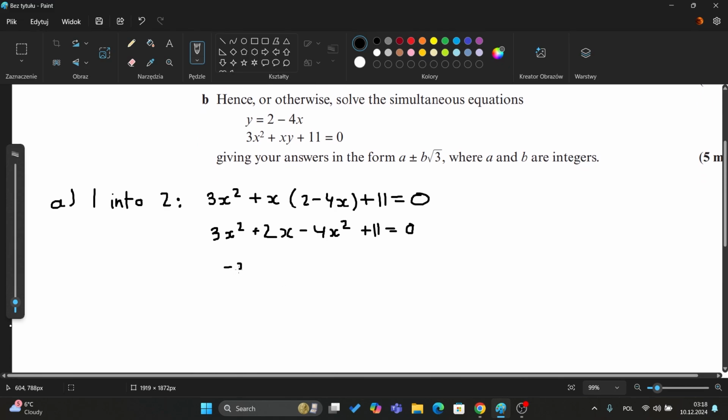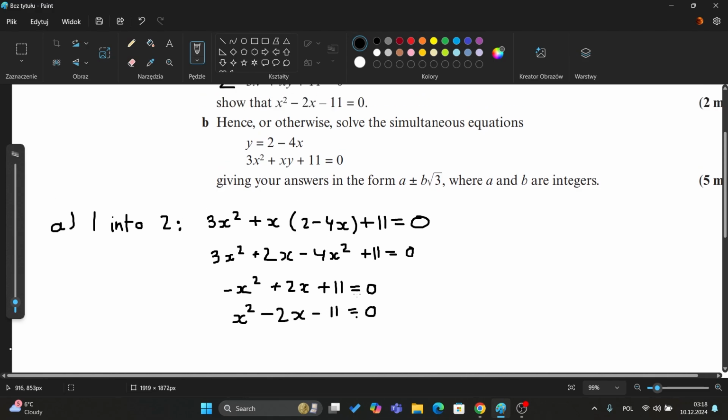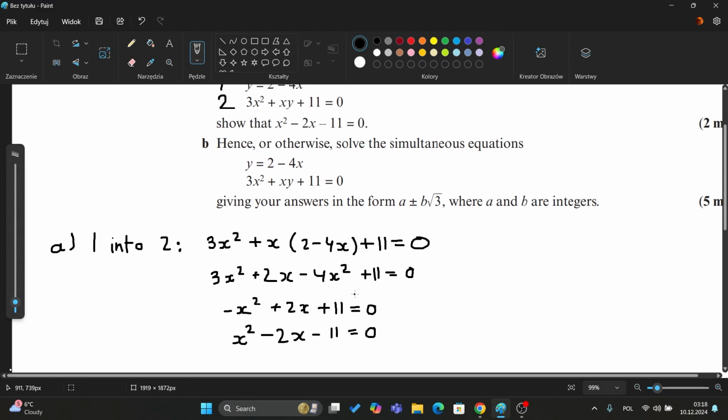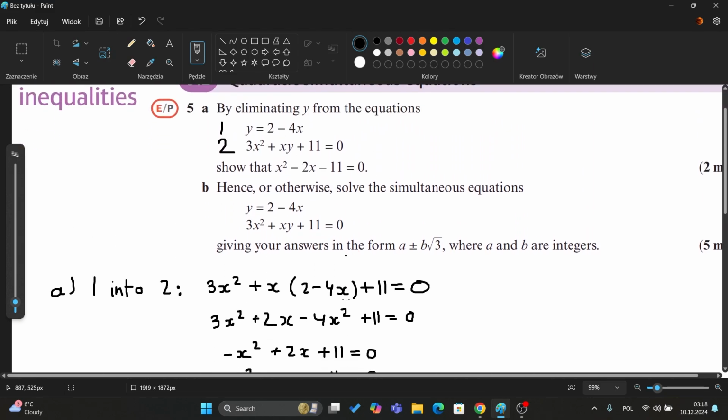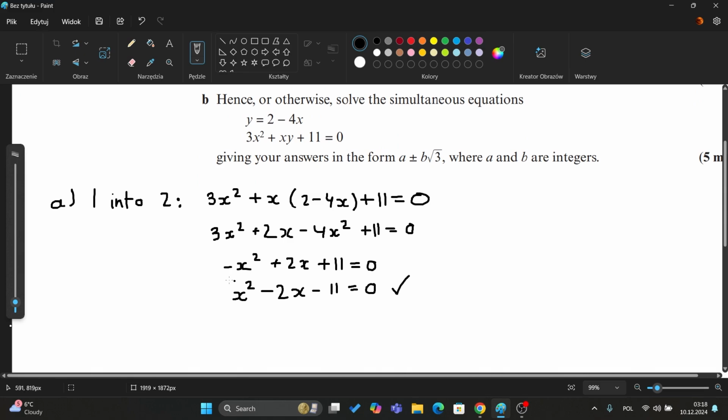And so we have negative x squared plus 2x plus 11 equal to 0. Now we have to put them to the other side, which becomes x squared minus 2x minus 11 is equal to 0. And so we have shown that x squared minus 2x minus 11 is equal to 0.